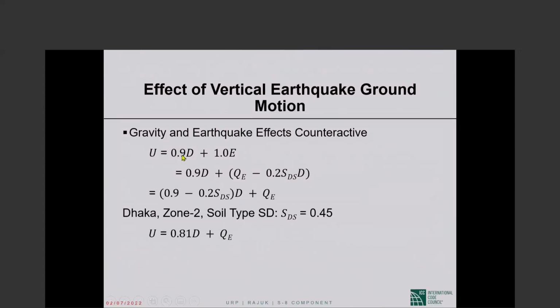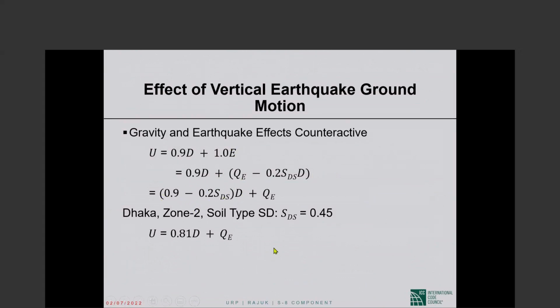The counteractive load combination E is written as Q sub E minus 0.2 S sub ds times D, indicating vertically upward earthquake ground motion. Now the dead load factor is decreased from 0.9 to 0.9 minus 0.2 S sub ds.